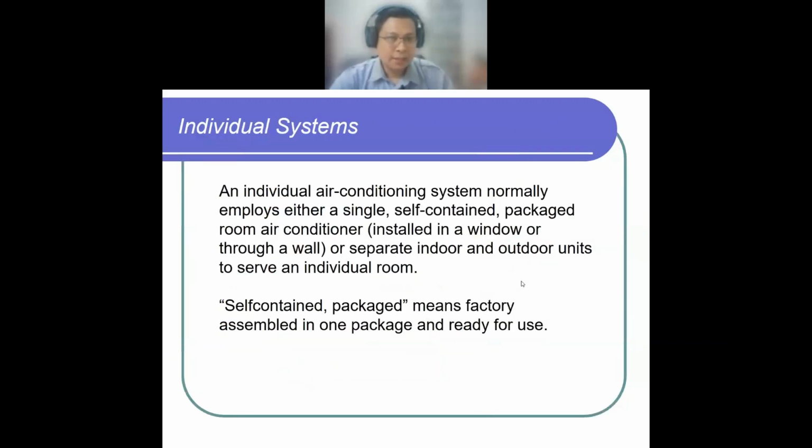An individual air conditioning system normally employs either a single self-contained package room air conditioner installed in a window or through a wall, or separate indoor and outdoor units to serve an individual room. Self-contained package means factory assembled in one package and ready for use.